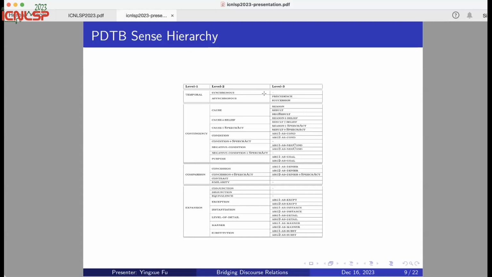For example, for synchronous relations, the two arguments are symmetric, and there is no directionality in this relation, so level 3 leaves this part empty. And for an asynchronous relation, there are two further relations, precedence and succession, to encode the directionality of this asymmetric relation.